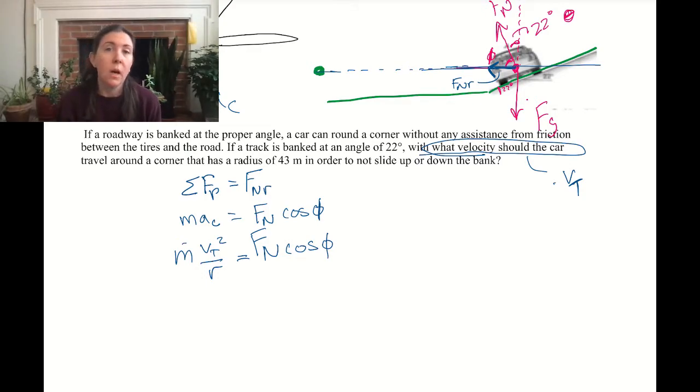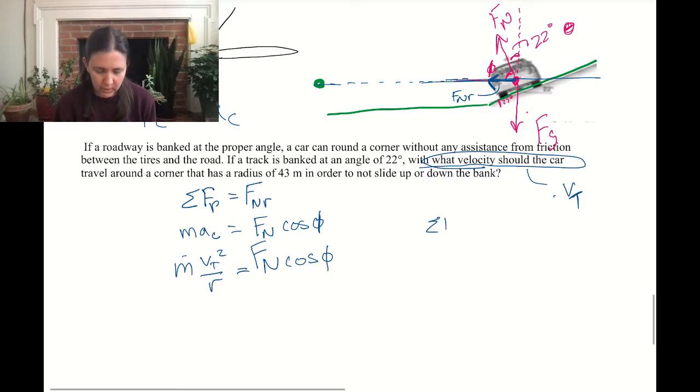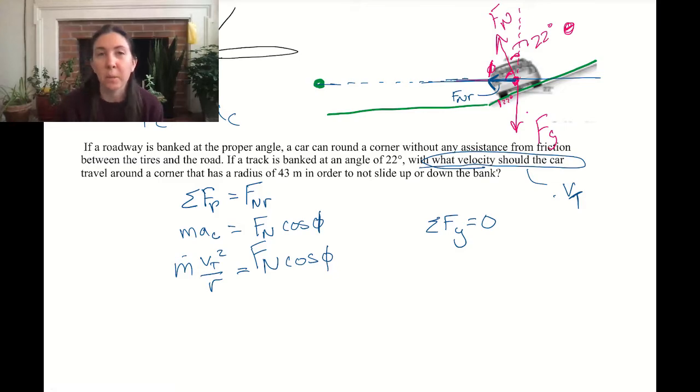Now, at this point, we're stuck because we don't know how big the normal force is. So when you get stuck, the next thing to do is to sum the forces in the other direction. We've summed in the radial direction. Now we'll sum the forces in the y direction. The car is not accelerating up and down, so the sum of the forces in the y direction will be equal to 0, which says that our force of gravity will be equal to the y component of the normal force, F_ny.